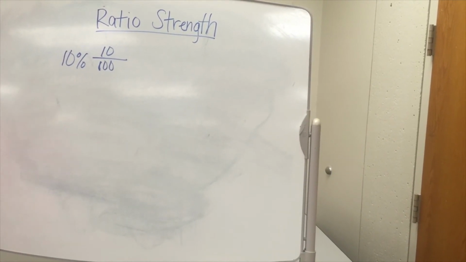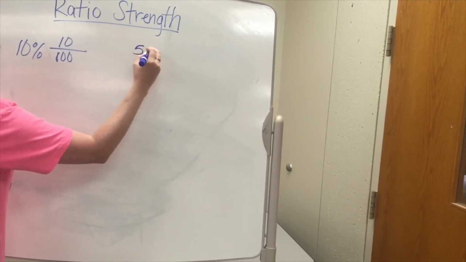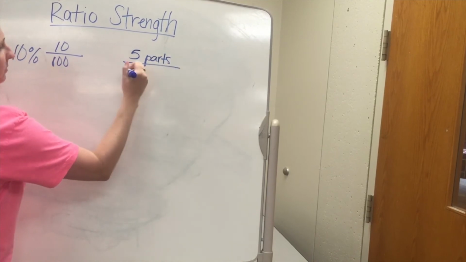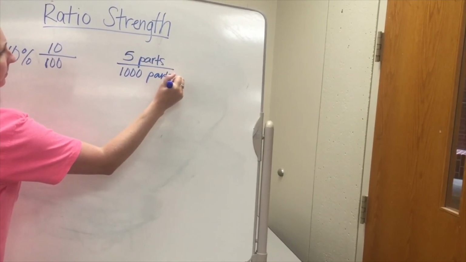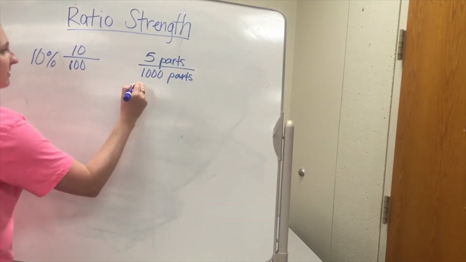For example, you can have something like 5 parts per 1,000 parts. This ratio strength can also be expressed like so.